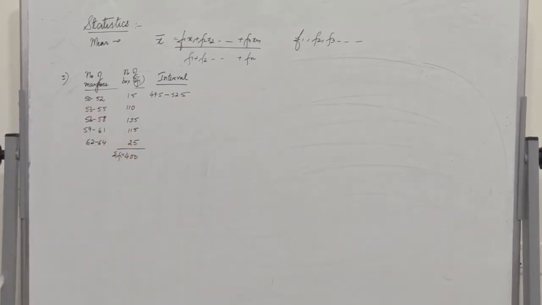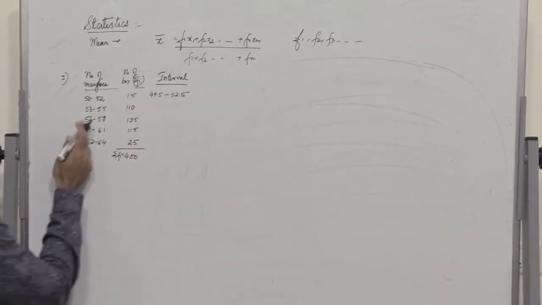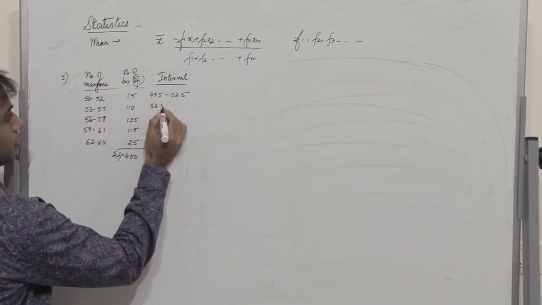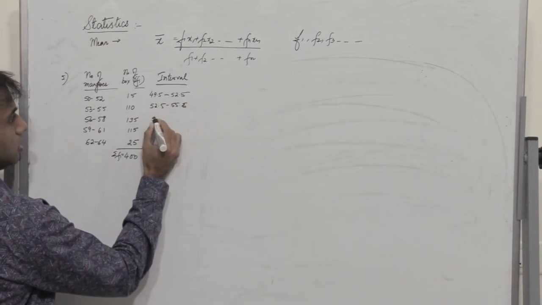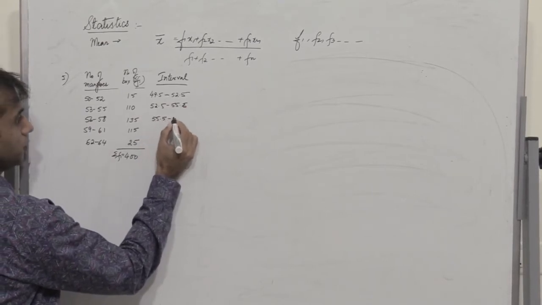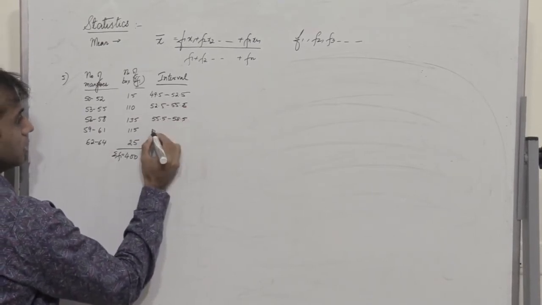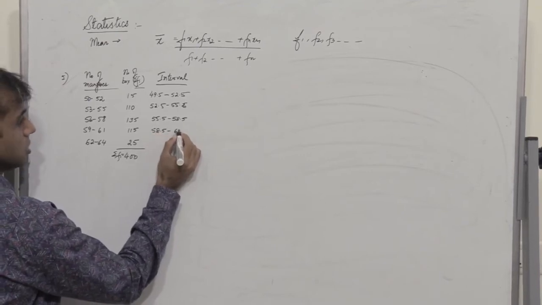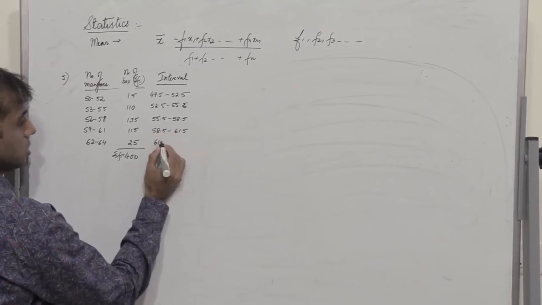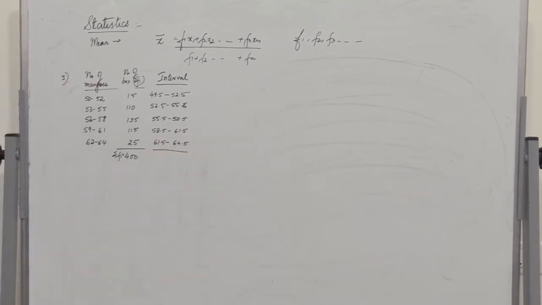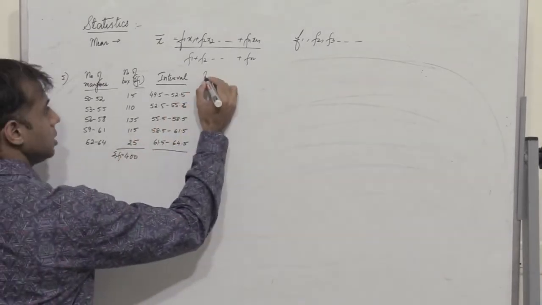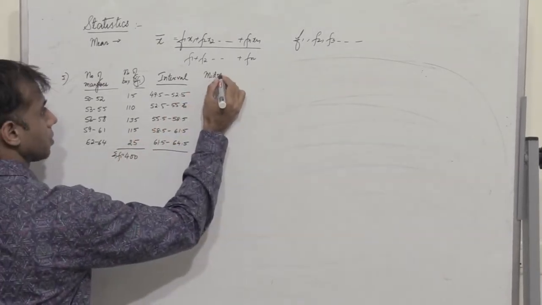So I'm adding 0.5 to the upper limit. So similarly here, I get 52.5 to 55.5. Next, 55.5 to 58.5, 58.5 to 61.5, 61.5 to 64.5. So these are the interval ranges what we get. So now let's try to find the midpoint xi.